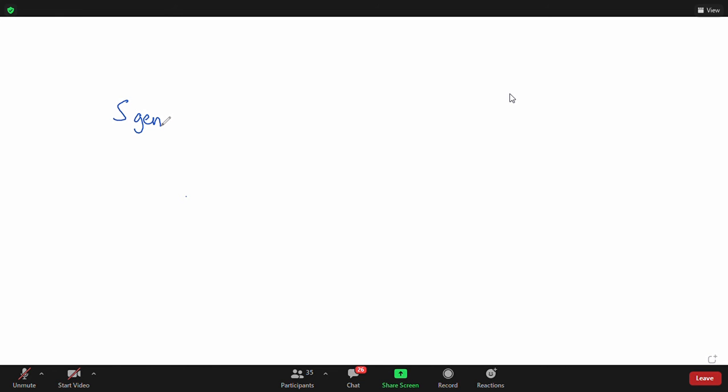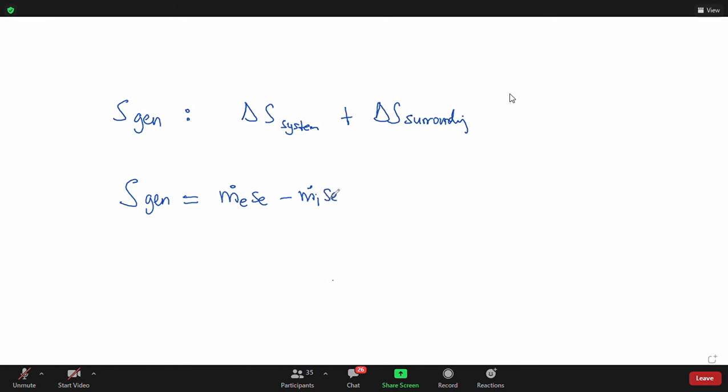You can find S gen either as delta S system plus delta S surrounding, or you can use the S gen for a control volume: if you only have one coming in and one coming out, m dot (se minus si) minus Q dot over T. Of course, this is in kilowatt per Kelvin.